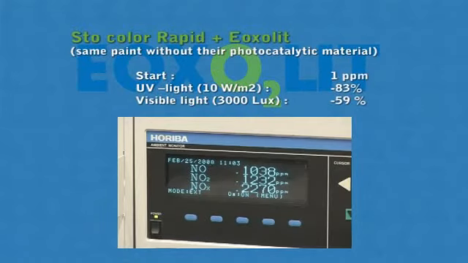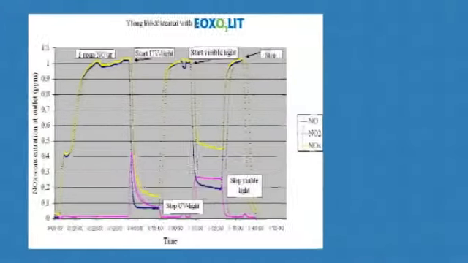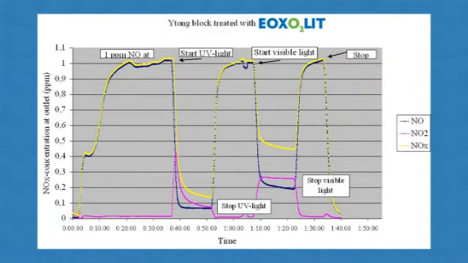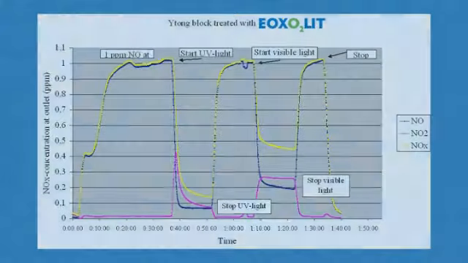When we added the Eoxolit to the basic paint, so without a commercial photocatalytic material in it, we got our own photocatalytic paint, which shows a decrease in NO concentration up to 90% with visible light. If we added UV light, the NO concentration was reduced up till 95, even almost 100% of the NO content.